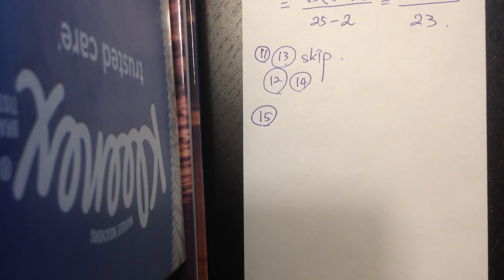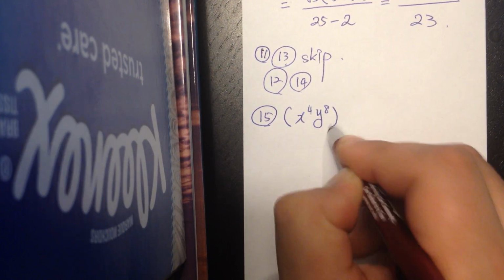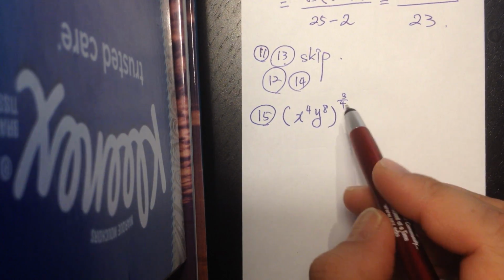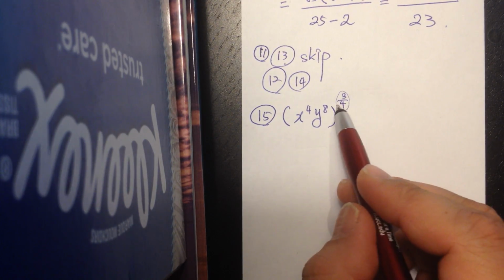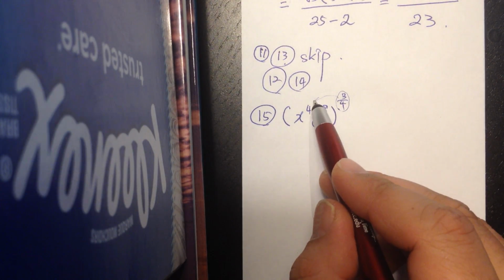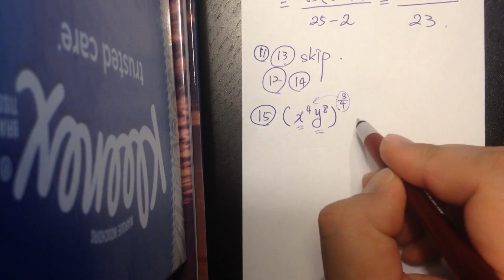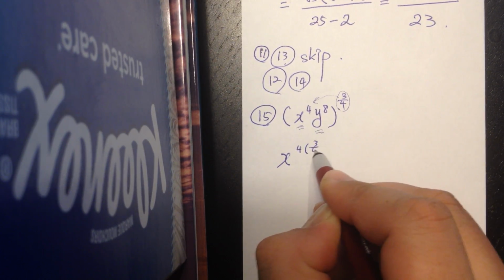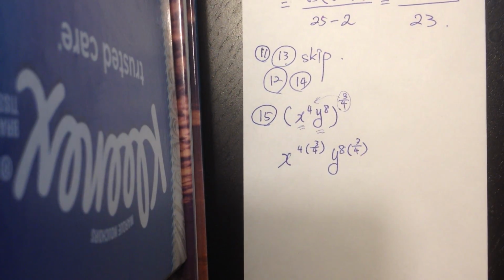Now the 15, as you can see, x4, y8. As you can see, that we're dealing with a fraction as an exponent. So not only do we have to apply it to x to the 4th power, y to the 8th. So here we got, let me write it big, like this. And that one gets 3/4.